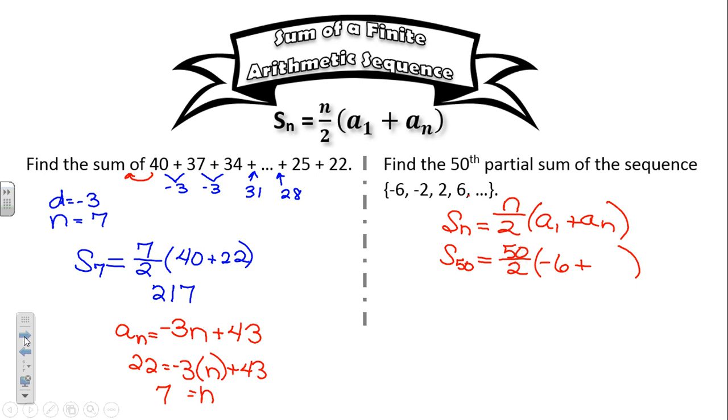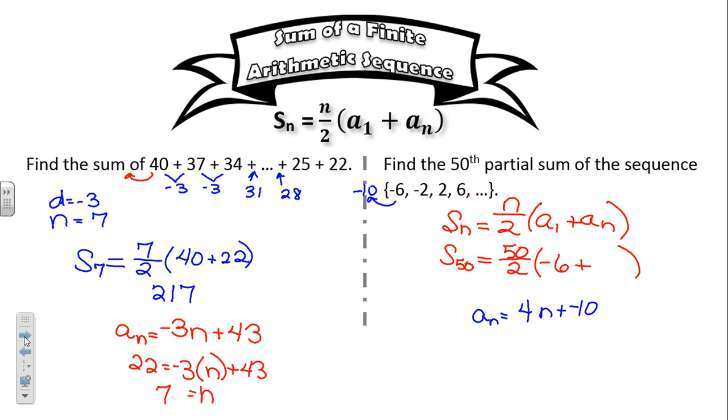If we find the explicit formula and then find the 50th term, we can sub it in, right? So what's the explicit formula going to look like? Yeah, dn plus c. What's our difference? 4. And what would our c be? -10.